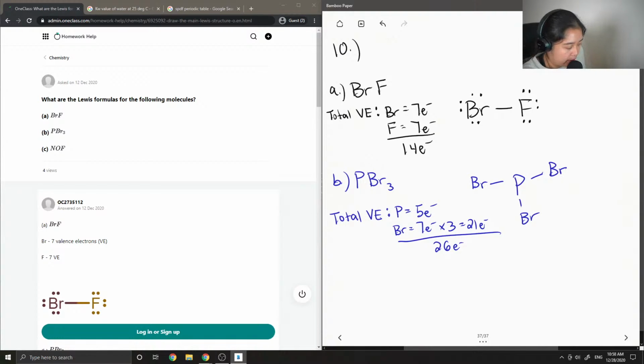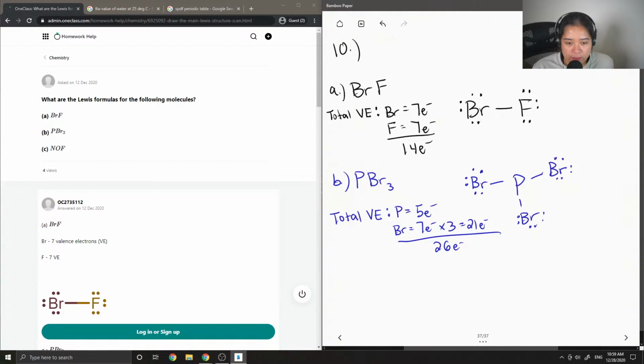Again, each bond is worth 2 electrons, so we have 6 drawn so far, and I need to have 20 more. So each bromine atom will have 3 lone pairs, but 6 in total, so let me draw that in. And then if we count out all the electrons that I drew so far, each bromine has 6, so 6 times 3 is 18.